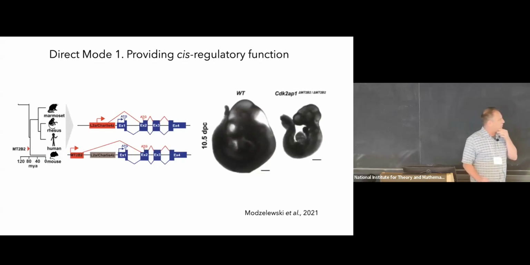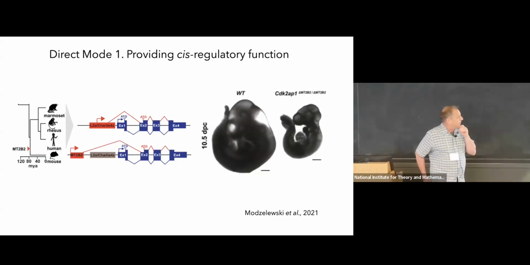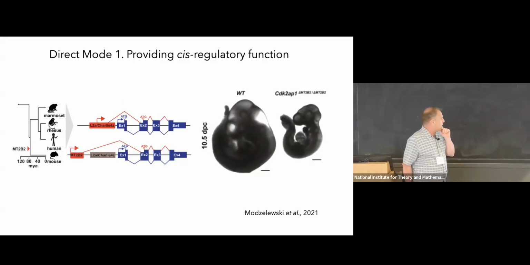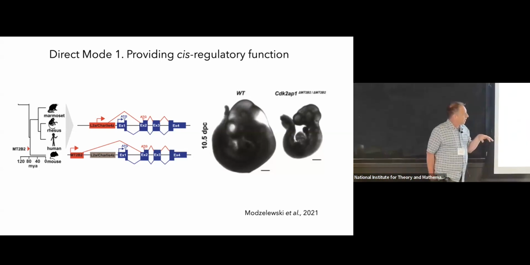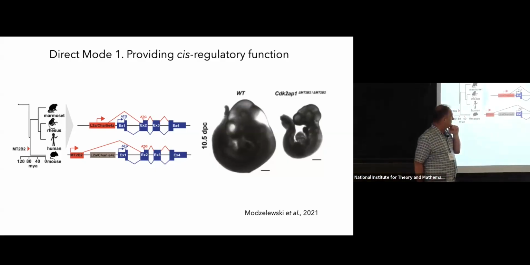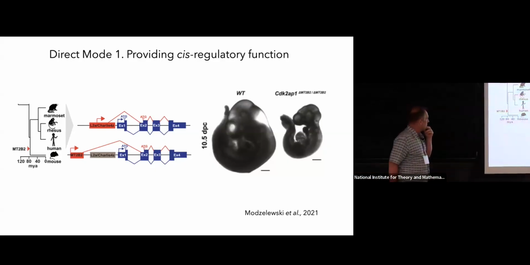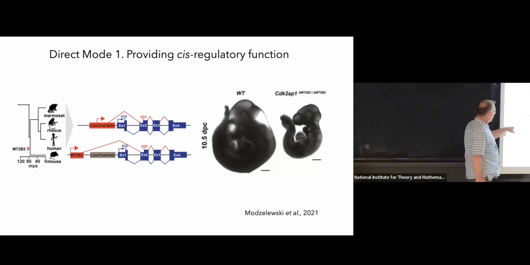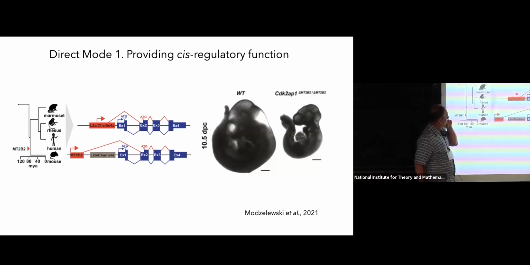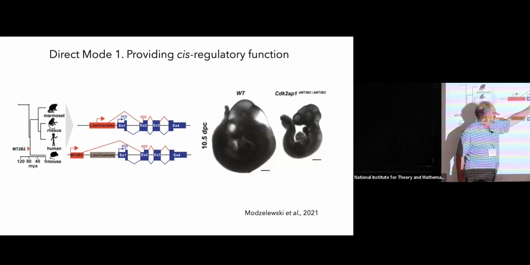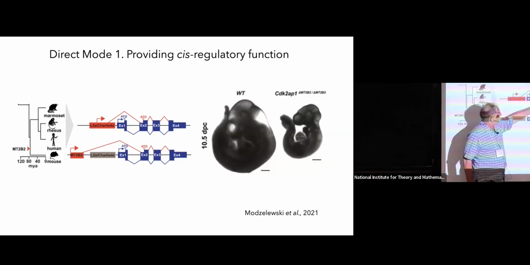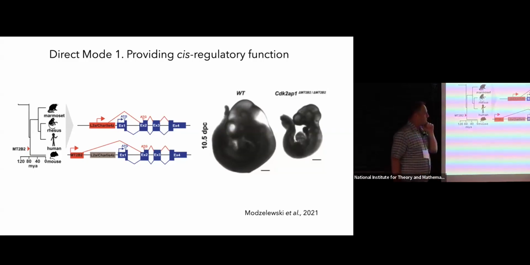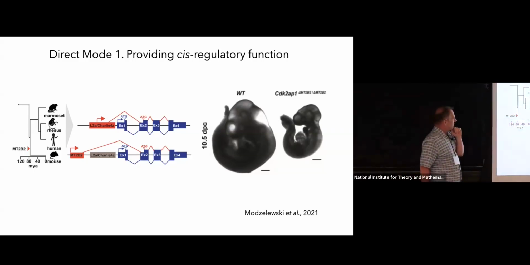Here's a great example of a retrotransposon, an endogenous retrovirus-like transposon that has been shown to be important in regulating the gene CDK2AP1, which regulates cell division. In mice, historically, there was another transposable element that led to exon 1 skipping in this gene, and this skipping allows a new isoform to be expressed that's important in gestation.